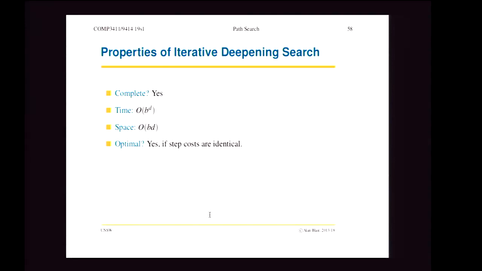So among the uninformed search algorithms, this is probably the best one. And when we get to games, we'll see that this is also used in game tree search. Yeah. Any questions about this?